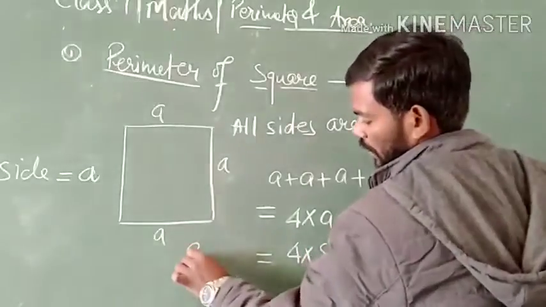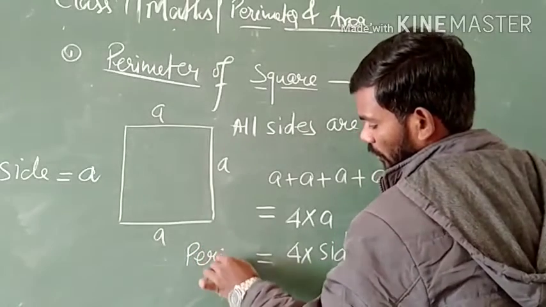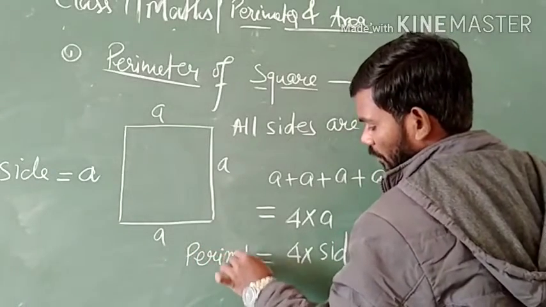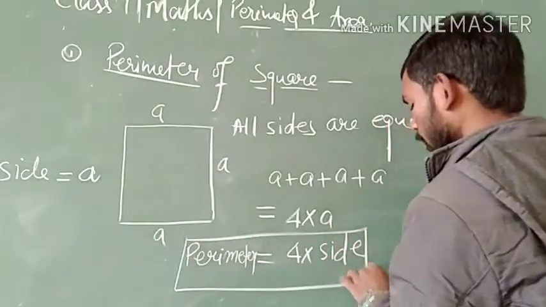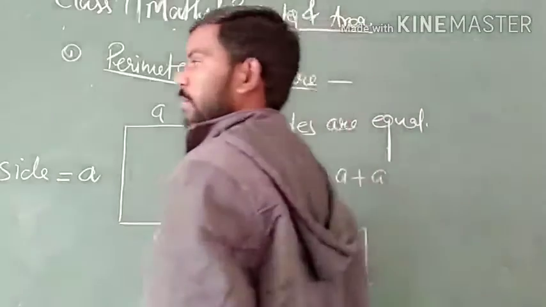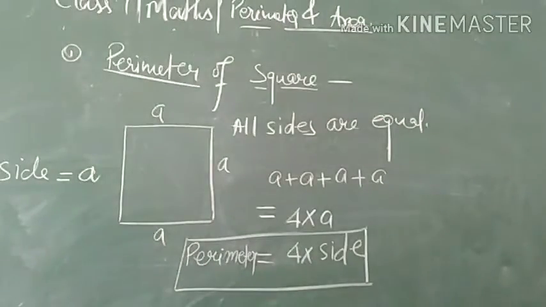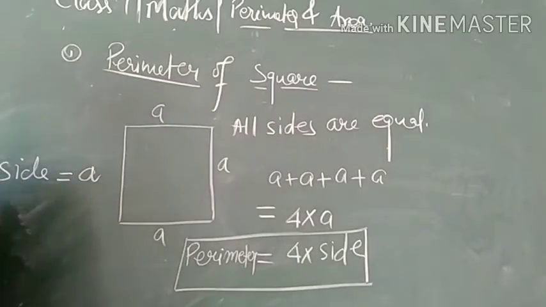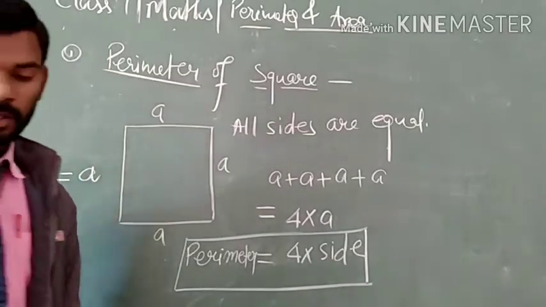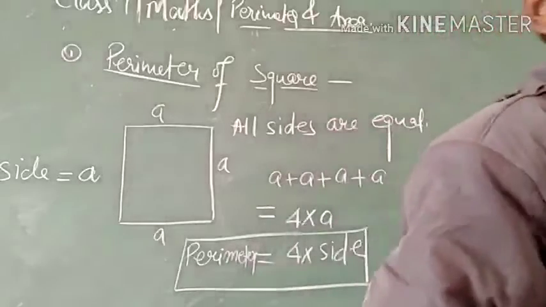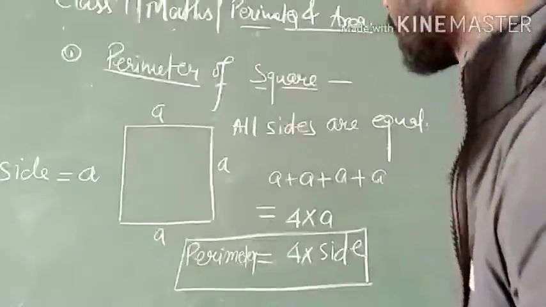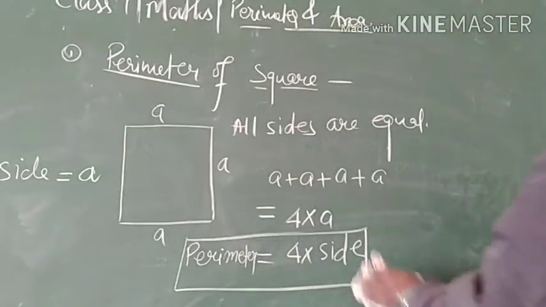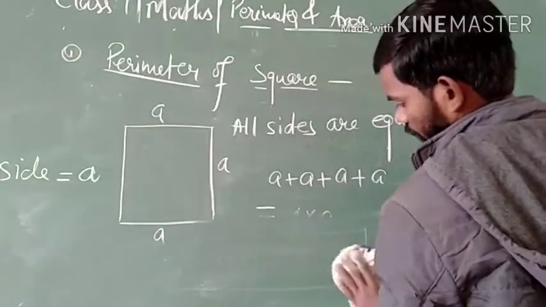So 4 into side will give us the perimeter of the square. So students, I hope the concept of perimeter of a square is clear to everyone. Now let us see a question on it.